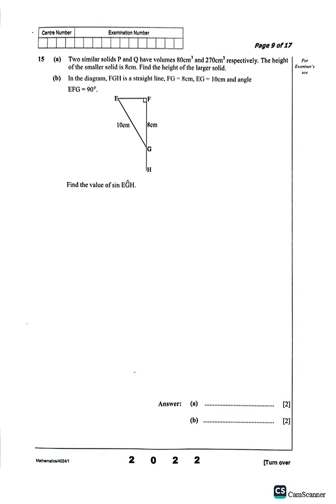So we have the smaller one and the larger one. So the smaller has the volume of 80 centimeter cubed. Then for the larger, 270 cubic centimeters.